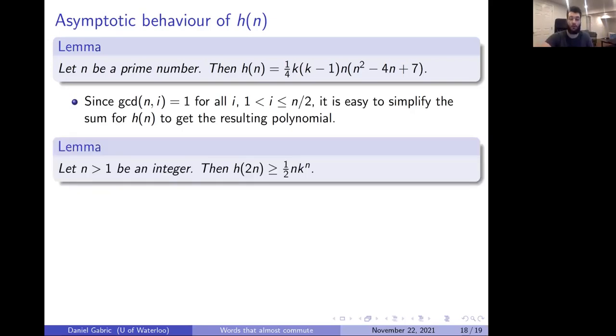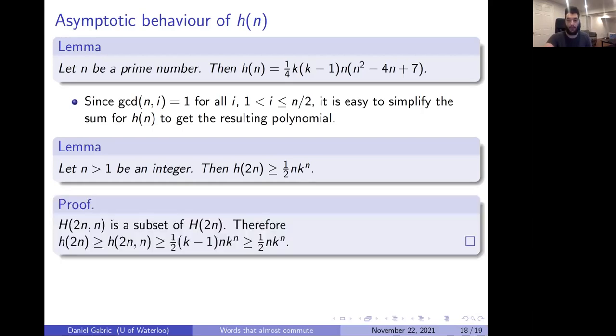Also, if we let n be a positive integer, then h of 2n is greater than or equal to a half n times k to the n. So when it's even, we have that the number of such words is bounded below by an exponential. And this is also pretty easy to see. We see that h of 2n, n is a subset of h of 2n.